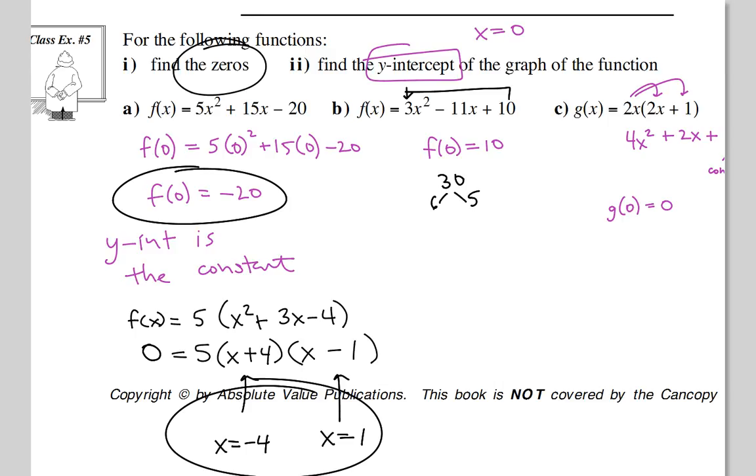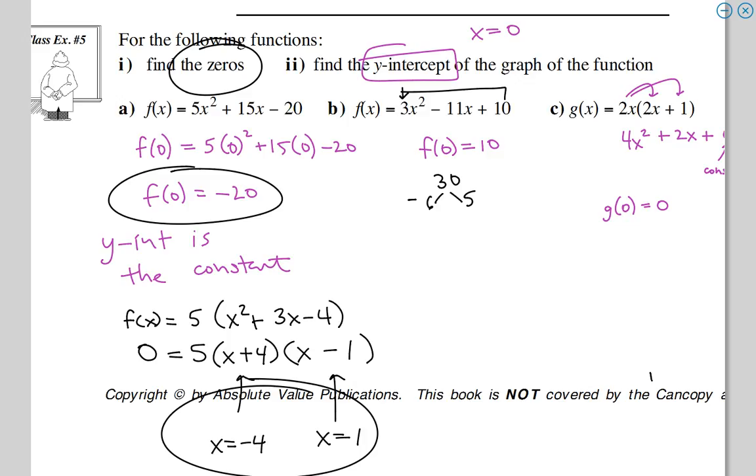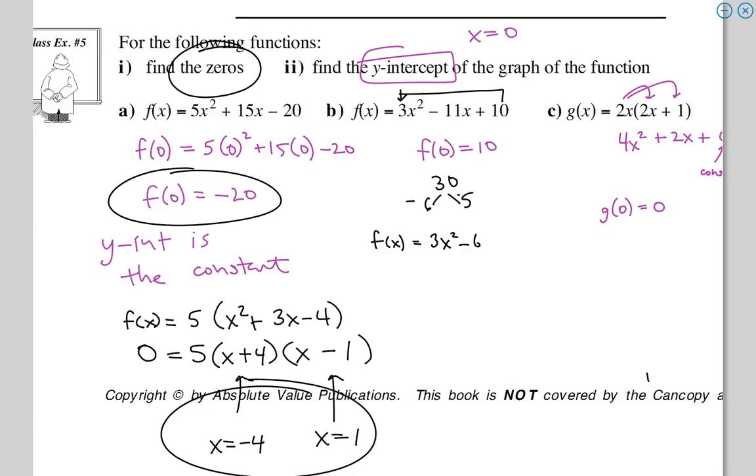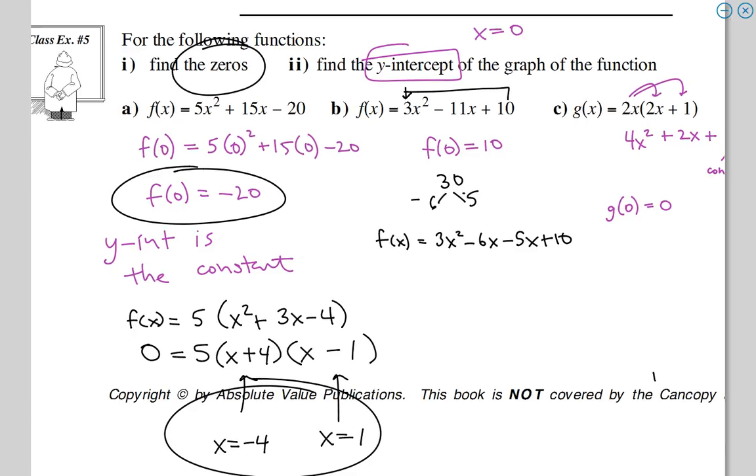Which one's negative? Both? All right. So we're going to rewrite f at x as 3x squared minus 6x minus 5x plus a 10. We're going to set the left-hand side to 0.